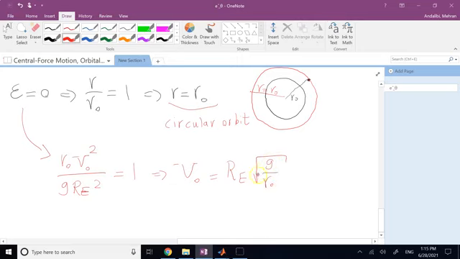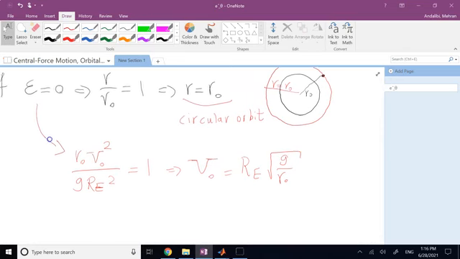So if you choose your launch velocity based on your launch altitude to follow this formula, then you will have a circular path. So if you want your satellite to follow a circular path around the Earth with the fixed radius of r naught, that's how much of the initial launch velocity that you need.